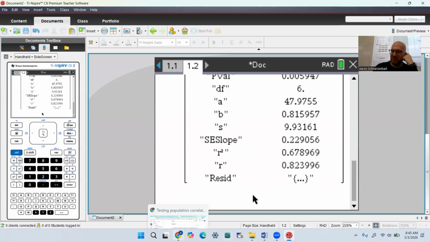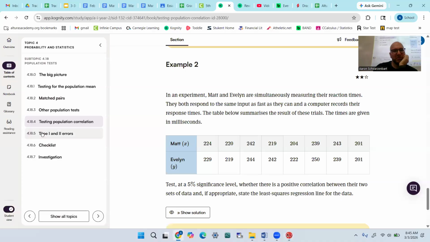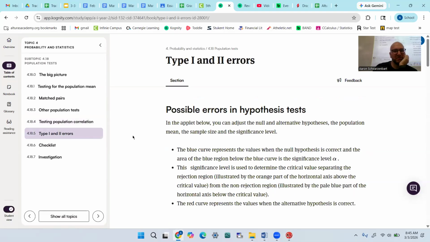Okay. Now it's time to talk about type 1 and 2 errors again. First thing we need to get is the meaning. Because if you don't get the meaning, you'll never get the calculations. And if you get the meaning, there's a decent chance you can get a decent amount of the points, even if you cannot get the calculation.